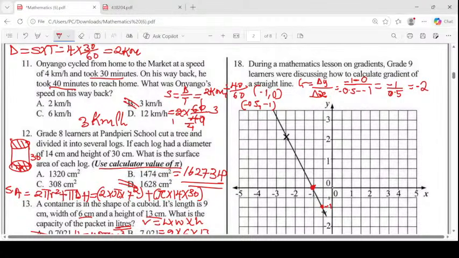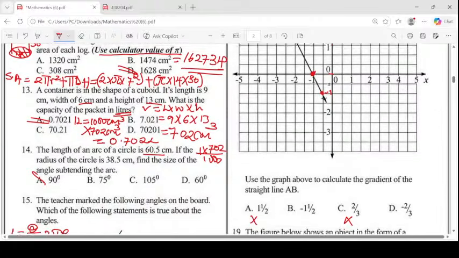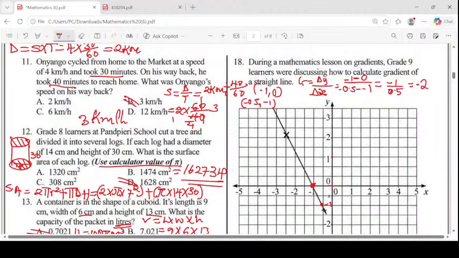If this is 0, this is how many units up? 1, 2, so it's positive 2. No, it cannot be a positive gradient. There is something I might be getting wrong here. The first point was -1, 0. This point was correct. Then negative 0.5, -1.